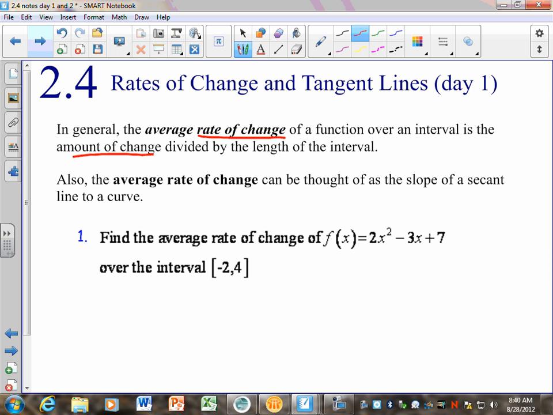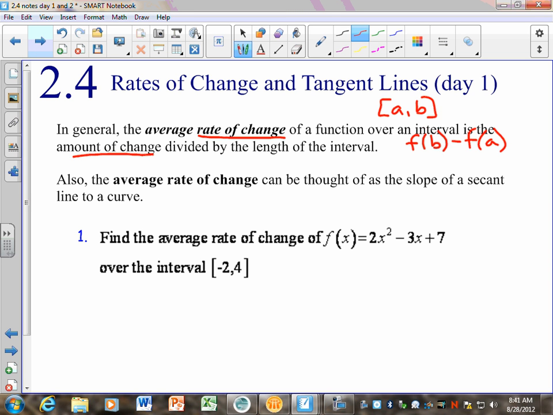So just throwing that out here, forgetting about speed, just thinking about a line, using this first sentence here. If I have the interval from a to b, that's my x-axis. If I want to find the average rate of change, I'm going to take the y values that go with that. So I'm going to take f of b minus f of a.